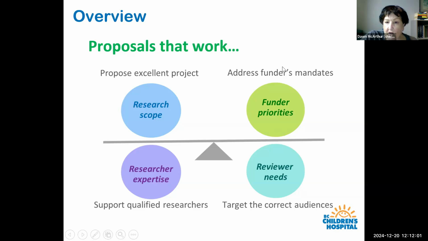They are targeting the right type of funding opportunity, and they're making it as easy to read for the type of audience that's reviewing it. Not all reviewers are peer reviewers, scientific reviewers. Some reviewers are community reviewers. Some reviewers are business people or legal people or patient partners. You need to find that out, but you don't have any power over the choice of reviewers.